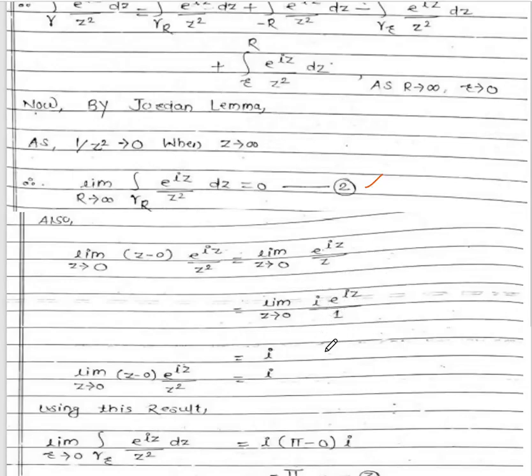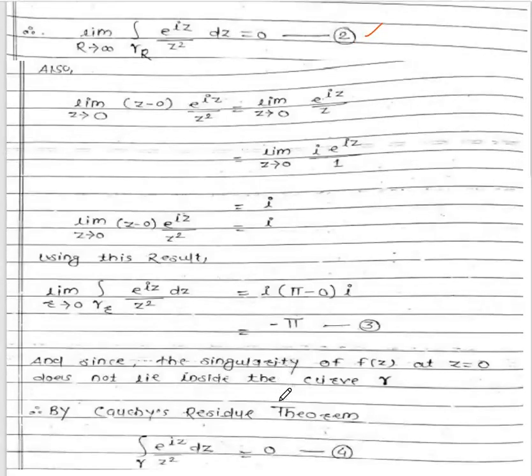By using L'Hospital's rule, we get the value of this term, that is i. Now we will use this result: the limit as r tends to infinity of the integral over gamma of e to the power iz upon z square dz is equal to i pi minus 0 into i. So this becomes minus i square, that is minus 1, so that is minus i pi.